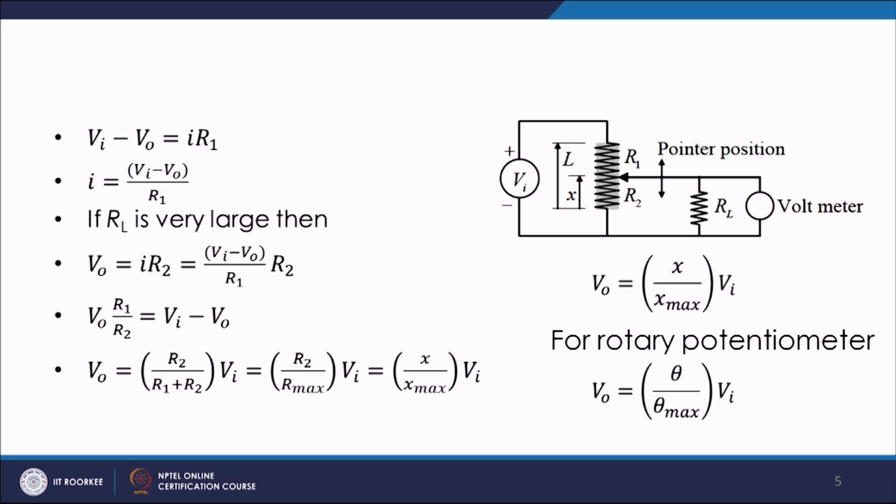Now, if we take RL, the resistance of the voltmeter, as very high, as I said in the beginning itself, I can write the output Vo as I into R2, or I can substitute for this I, and this is going to be equal to Vi minus Vo upon R1 into R2.